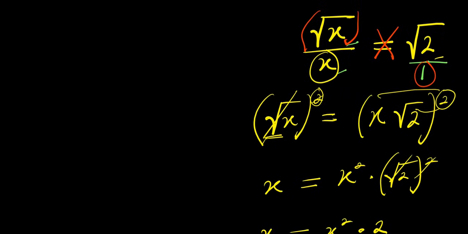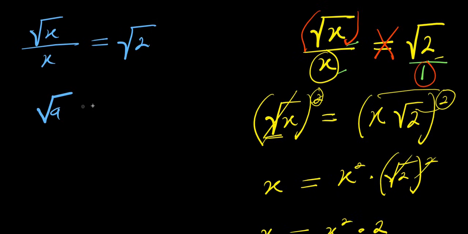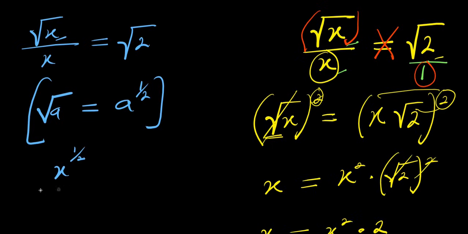Now let's solve this whole equation using a different method. Square root of x divided by x equals square root of 2. So from here, if you have square root of a, this equals a power 1 over 2. So square root of x will be the same thing as having x power 1 over 2 divided by x equals square root of 2.